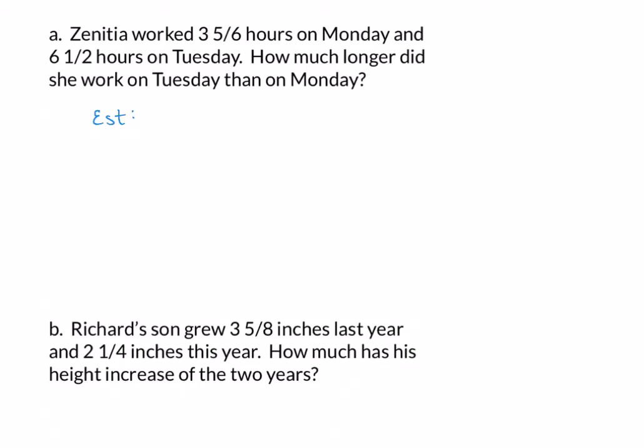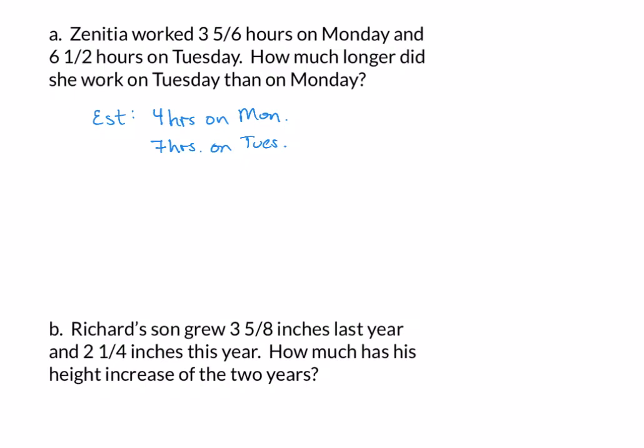So let's go ahead and say, instead of 3 5/6, let's go ahead and round that. Let's say she worked 4 hours on Monday, 6 1/2, if we round that, that rounds to about 7 hours on Tuesday. And now, how much longer did she work on Tuesday than on Monday?